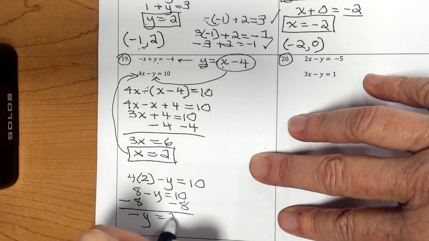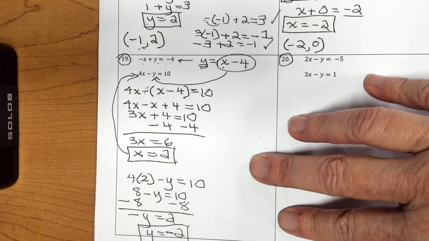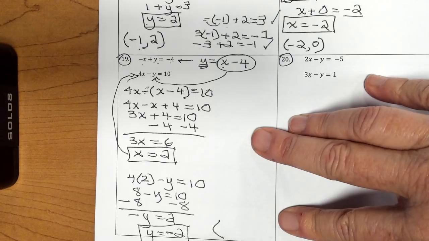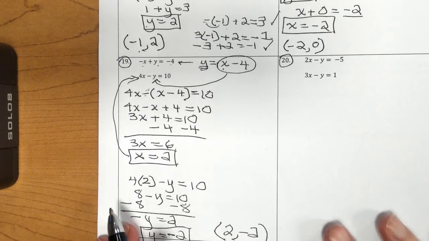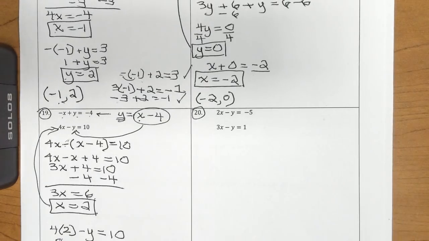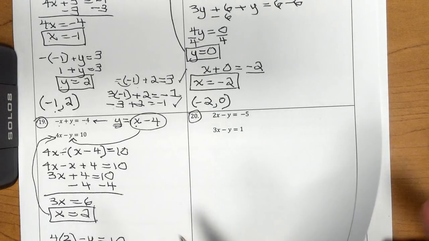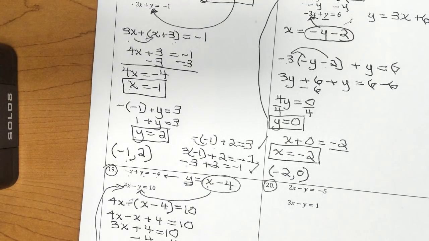Negative y is equal to 2, therefore y is equal to negative 2. So, what is my ordered pair? My ordered pair solution is 2, negative 2. And please make sure you go in and double check that those two are indeed correct. So now what I'd like you to do on your own is do 20, 21, and 22.